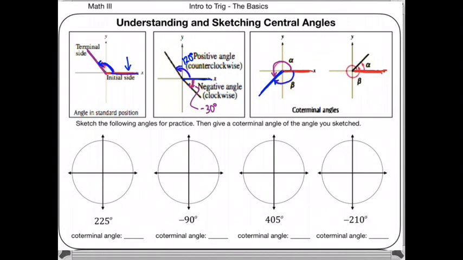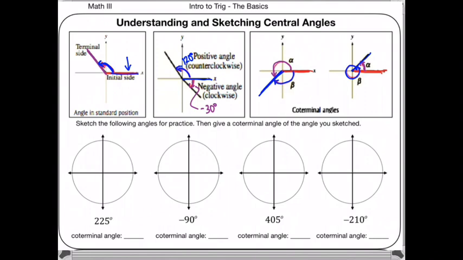And likewise, if I had alpha, which is going to go a little bit in the positive direction, and beta that was going to turn all the way around, pass it up, and then stop again, kind of like a spinner in a game, they would both end up on the same terminal side.